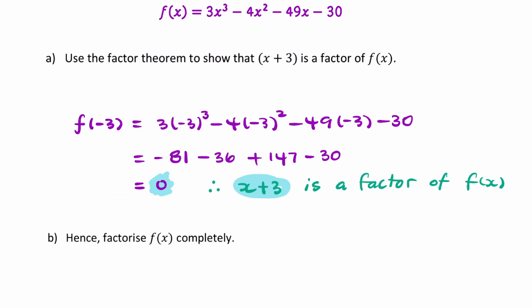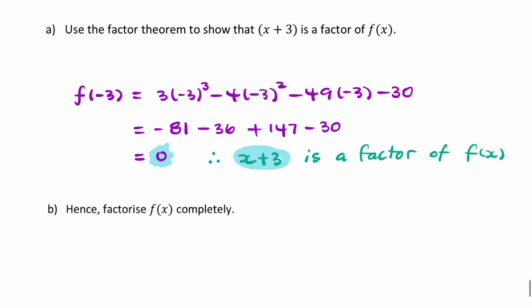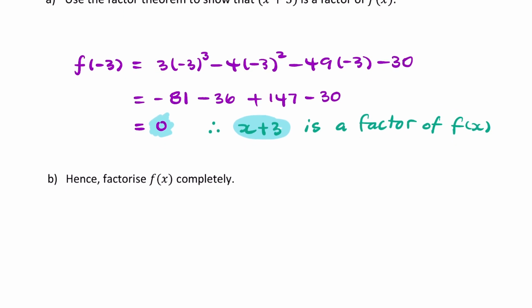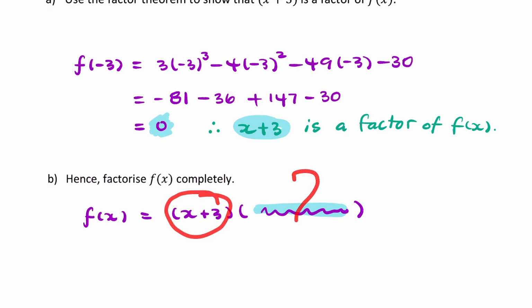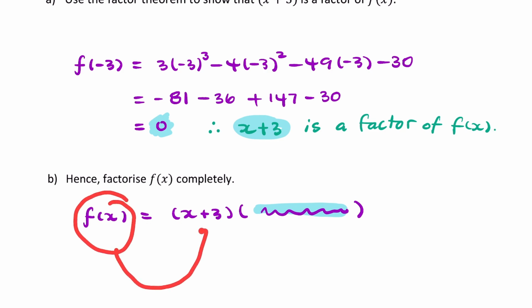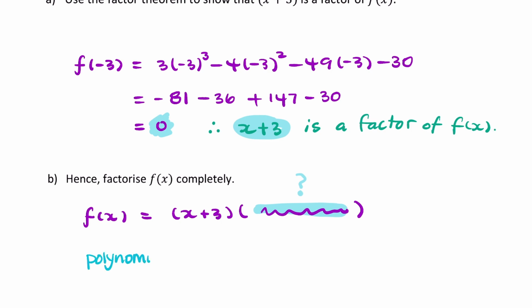We need to find the remaining factors by using x plus 3, and that probably means we need to divide, because we know one of the factors but we don't know what the other factors are. If you divide f of x by x plus 3, that will give you your remaining factors. So we need long division, or polynomial division.